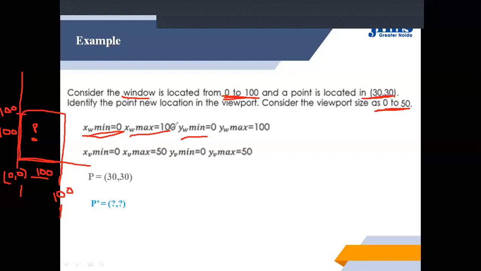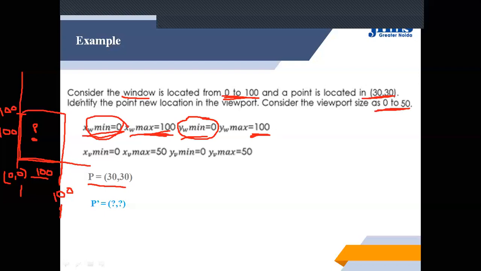These two points were given to us, and the width of the window was also given to us. Based on width and minimum coordinate, we find out the value of window maximum coordinate in the x direction as well as in the y direction, and the point P is also given on the window.